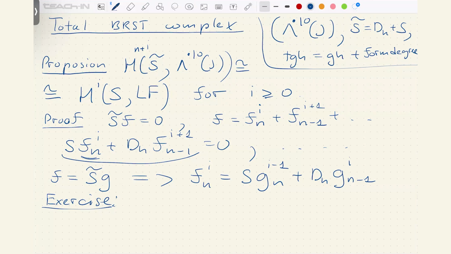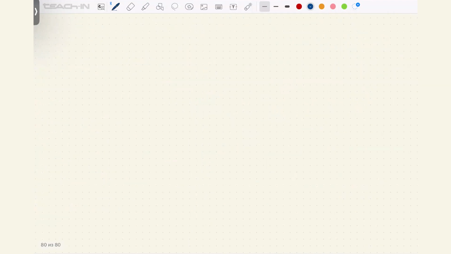It looks very natural, but in fact it works provided the algebraic Poincare lemma holds. So if our DH doesn't have cohomology in form degree which is not top form degree. Exercise: complete the proof. Okay.